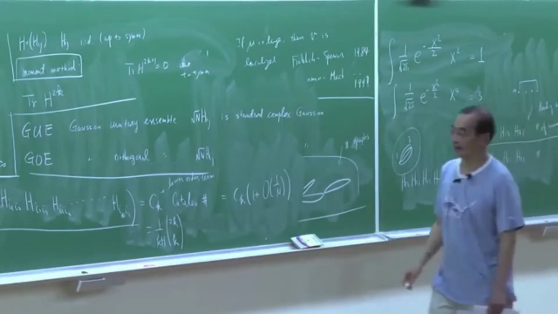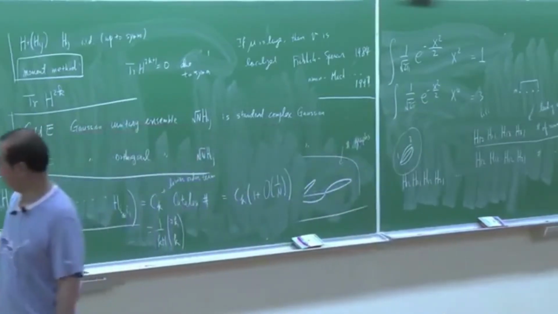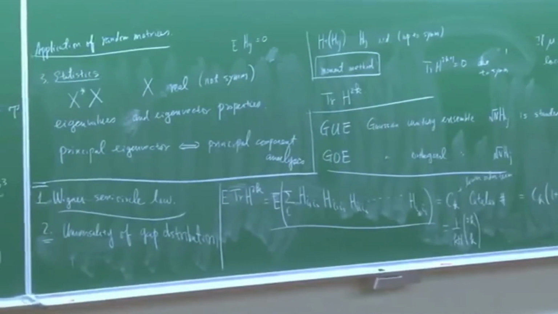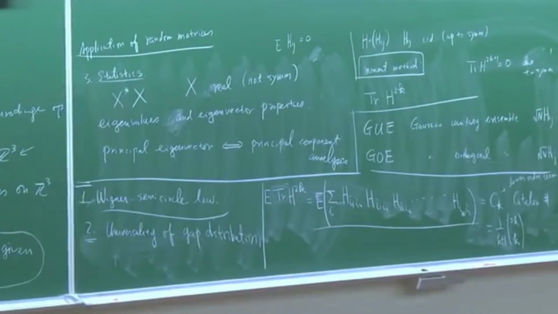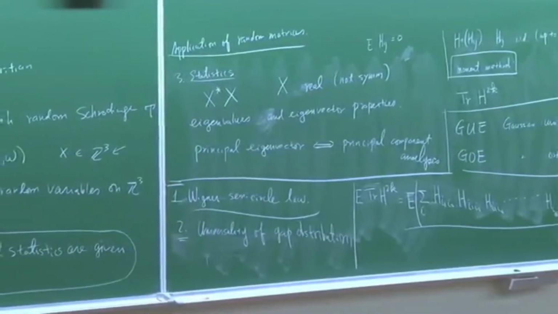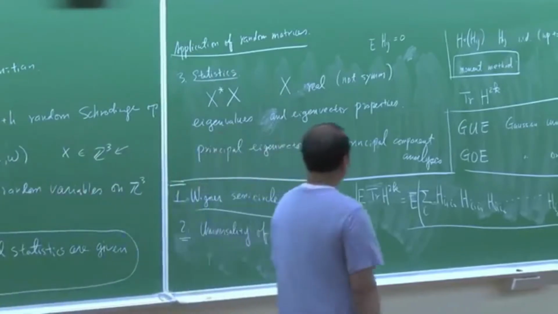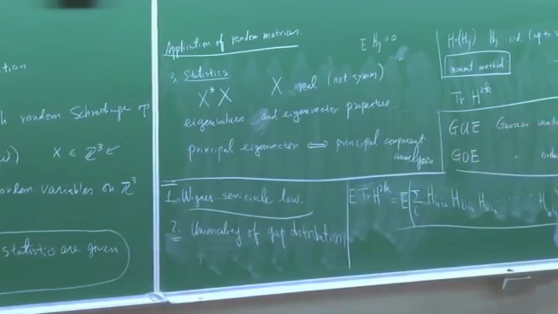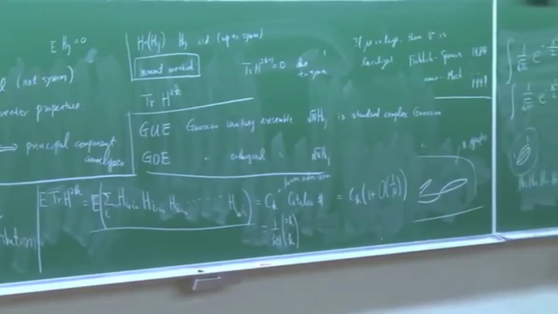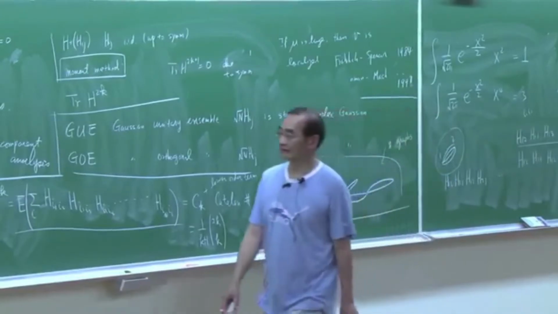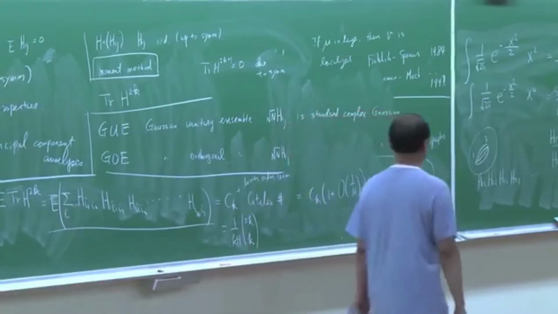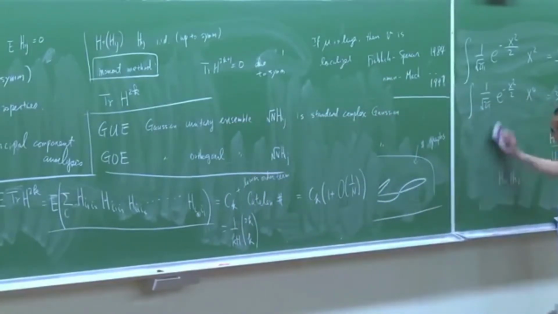I think I have to be careful. I should normalize by n, because otherwise this will be incorrect. Just a second. Oh no, it was correct. I probably made a mistake about the normalization, so let me just do one case.